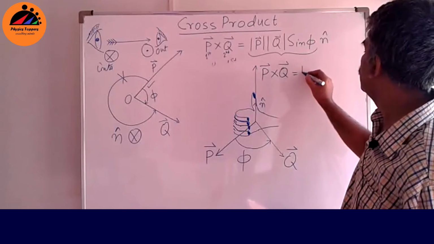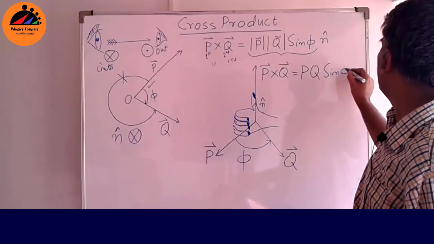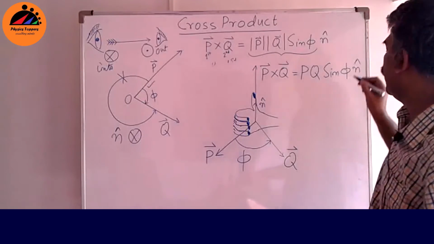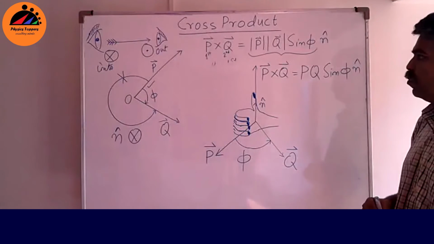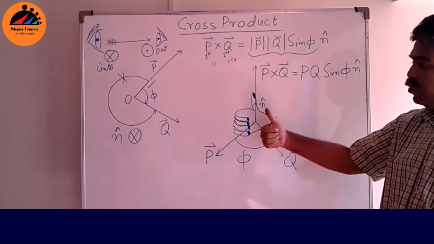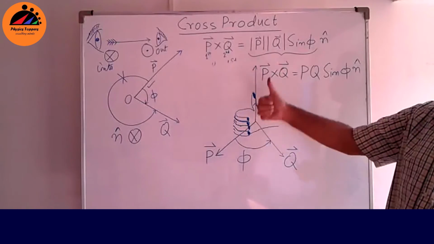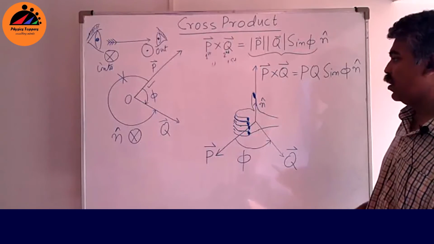So here P, Q, sin phi, n cap. Okay, I think you got the direction. This is very important. If you rotate it from P to Q through the shorter angle, this thumb will give you the direction of the resultant vector.